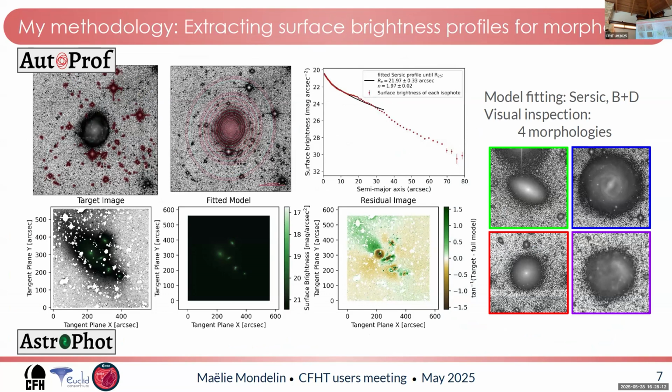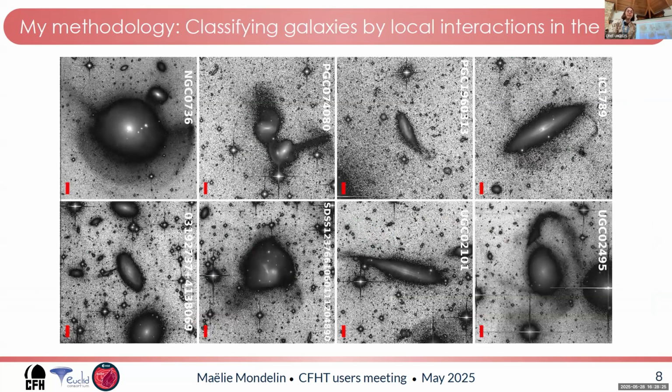And I am also using visual inspection to classify in four main classes: ellipticals, lenticulars, spirals, and irregular galaxies. And in parallel, I also classify galaxies by local interactions. So I see a lot of mergers, tidal tails, and other features corresponding to local interaction.